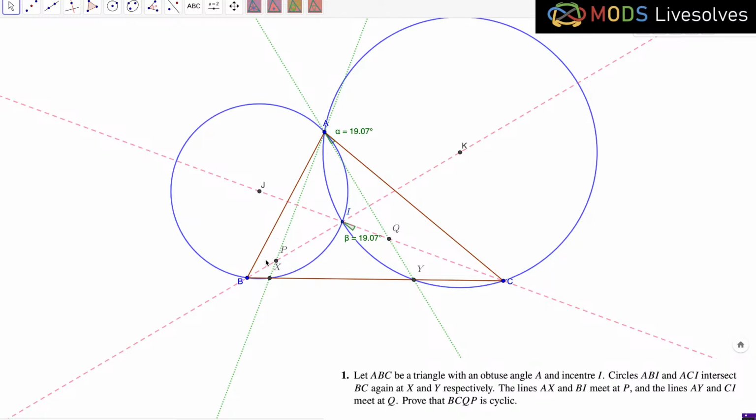It suffices to show that the angle ABY is the same as AYB, right? I'm just trying angle chase on paper. I don't know if it'll actually work.